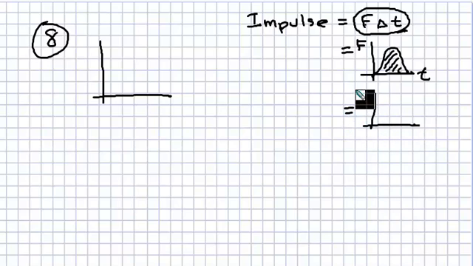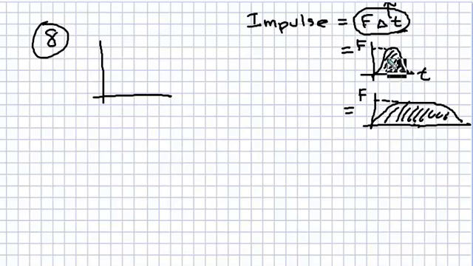Well, if you have a force that's this big, but with a large amount of time, that seems to help the total area under the curve. That seems to make your impulse bigger. So clearly making your time bigger is a smart maneuver.